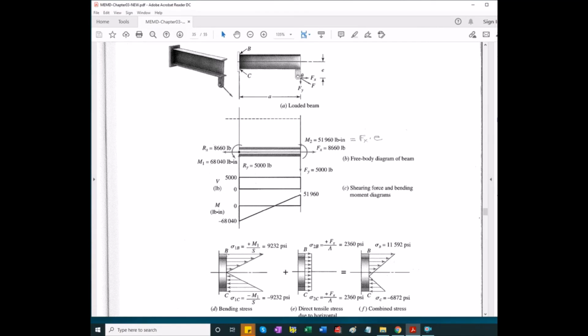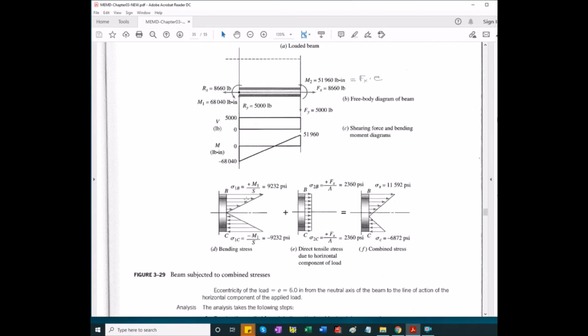You calculate the maximum tensile and maximum compressive stress, and this is overlapped with the effect of the tension by force Fx, and the resultant stress distribution is an increase in maximum tensile stress and a reduction, by the same amount, of the compressive stress.